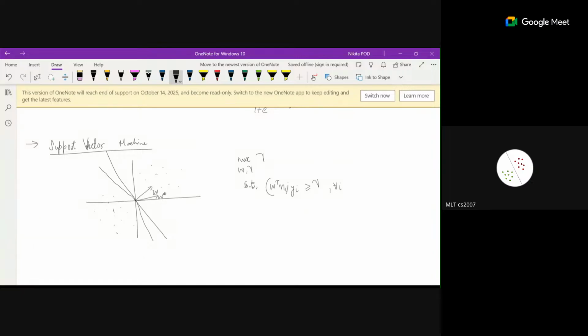This is the constraint, right? So this is the problem that we want to solve.